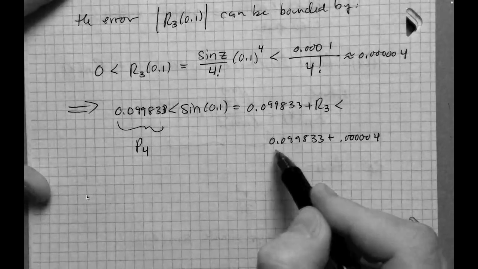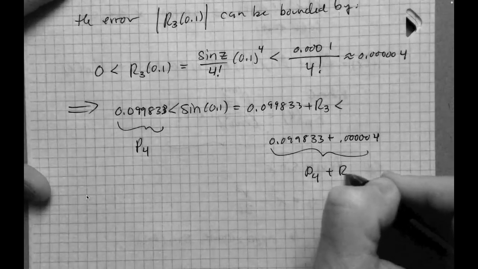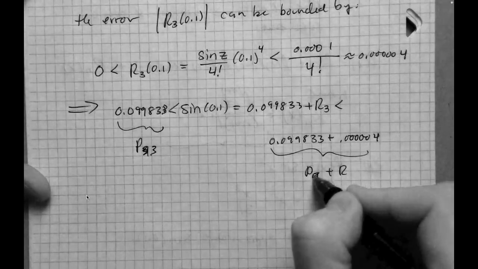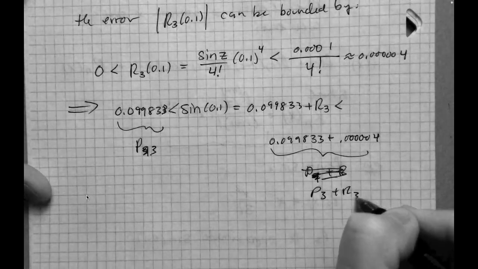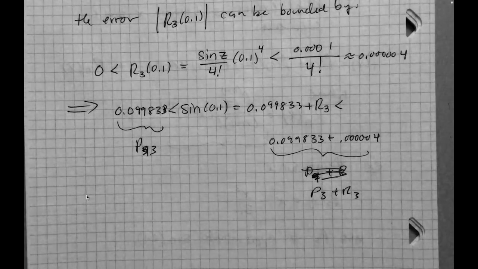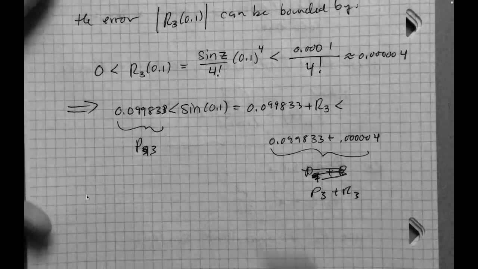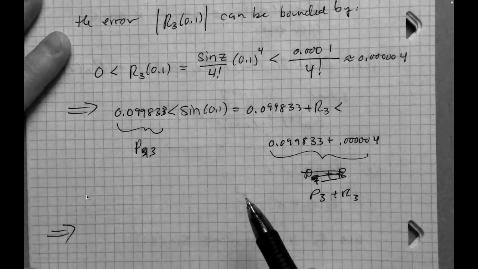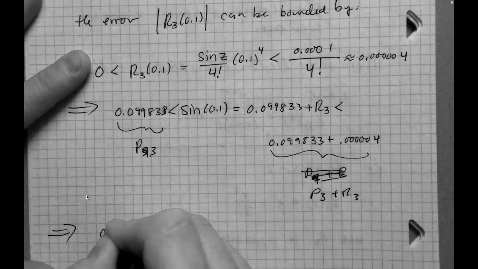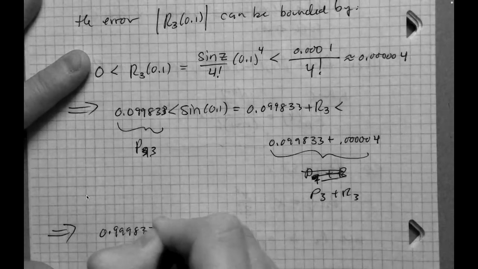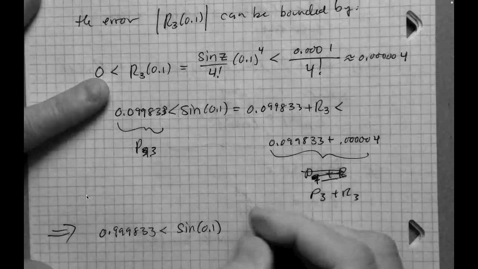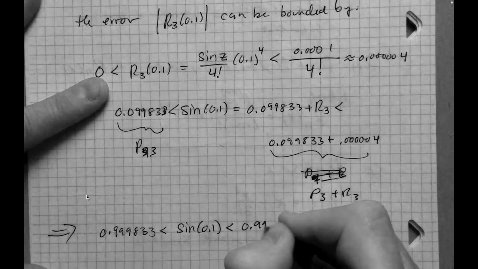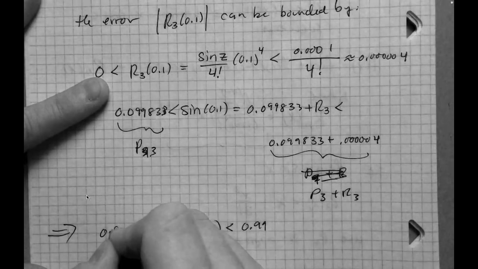And so what is this? This is P3 plus R3, the third degree Taylor polynomial plus the remainder for the third degree Taylor polynomial. So all in, what does this tell us when we're approximating sine of 0.1 using this Taylor polynomial? We know that 0.099833 is less than sine of 0.1, which is less than 0.099837, there should be a 0 in there.